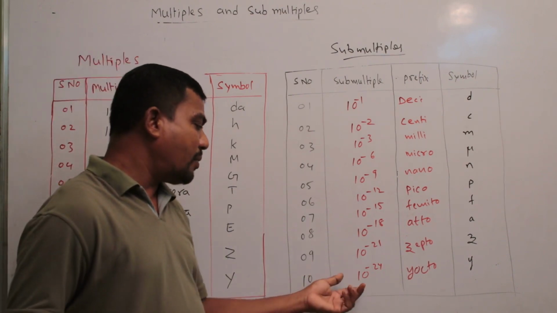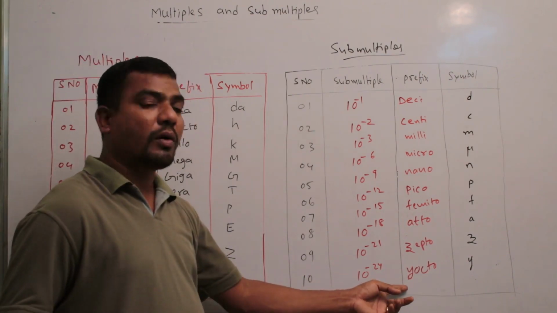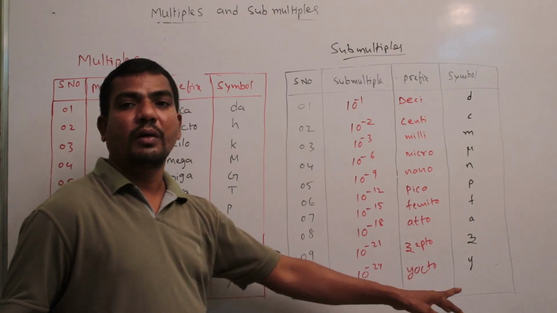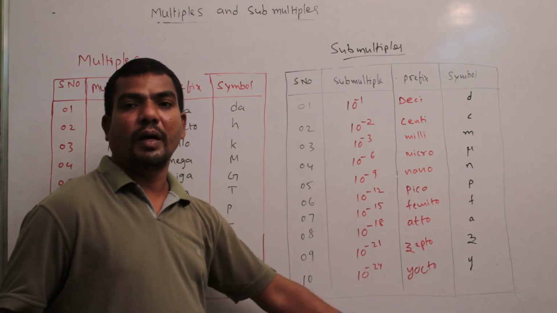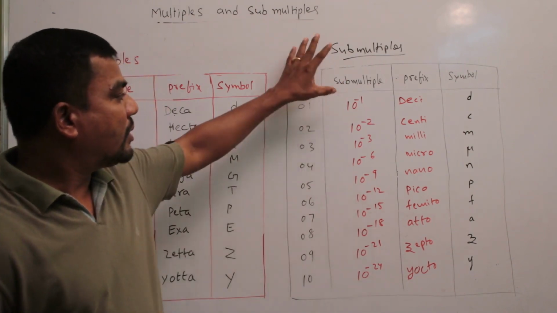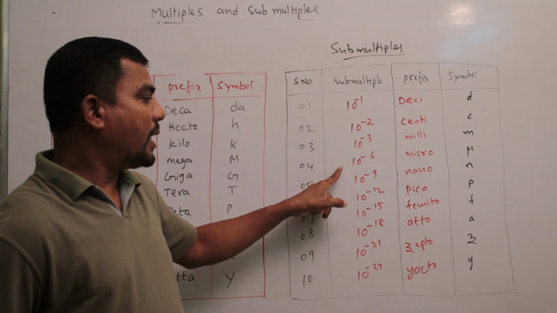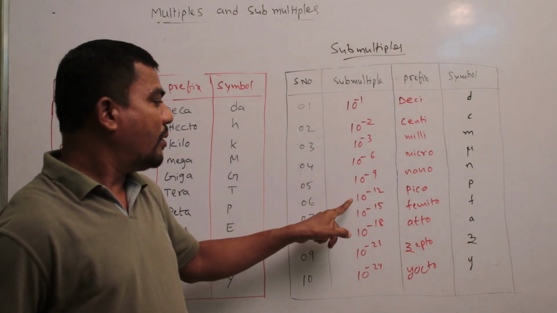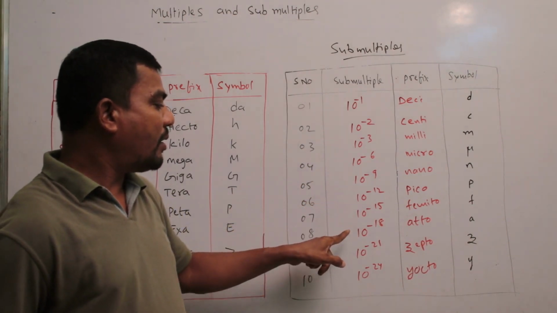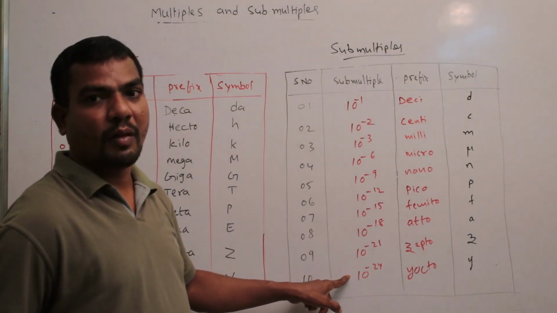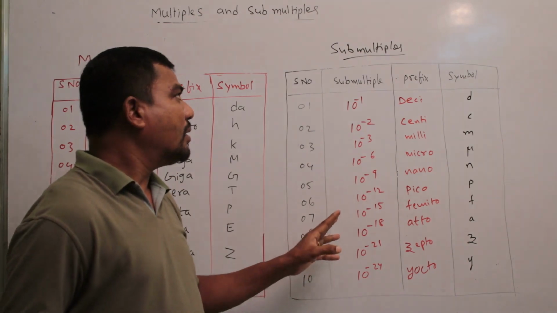Last one, 10 power minus 24 is yocto, usually with symbol y. So this is deci, centi, milli, micro, nano, pico, femto, atto, zepto, yocto. These are all submultiples.